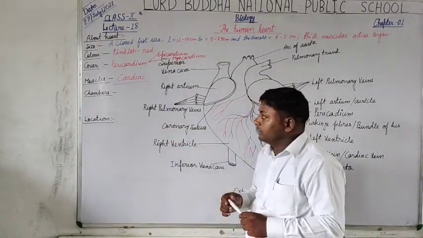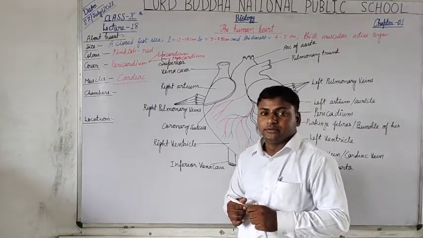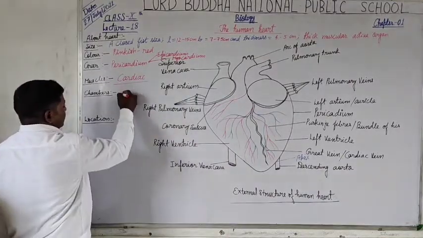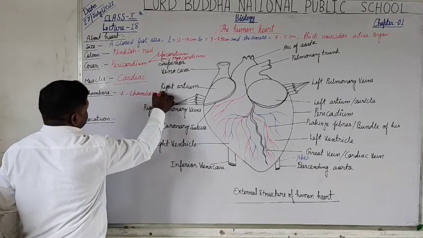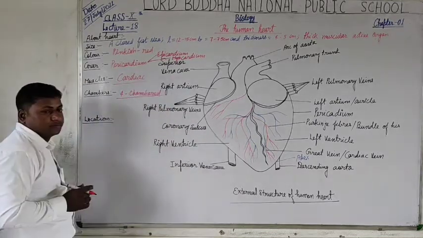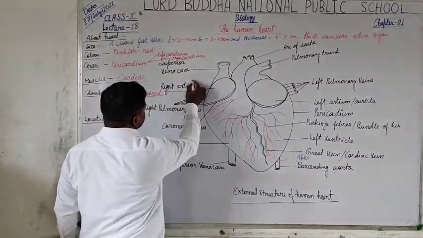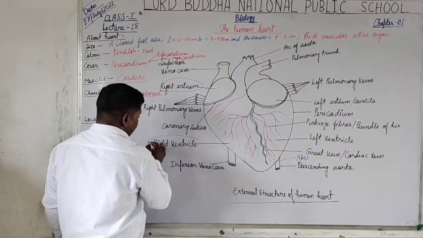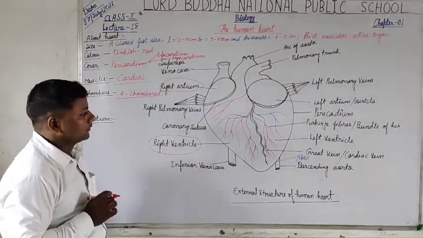Now we are going to discuss the chambers. Students, the human heart has 4 chambers. The right atrium is the first chamber. Right ventricle is the second chamber.